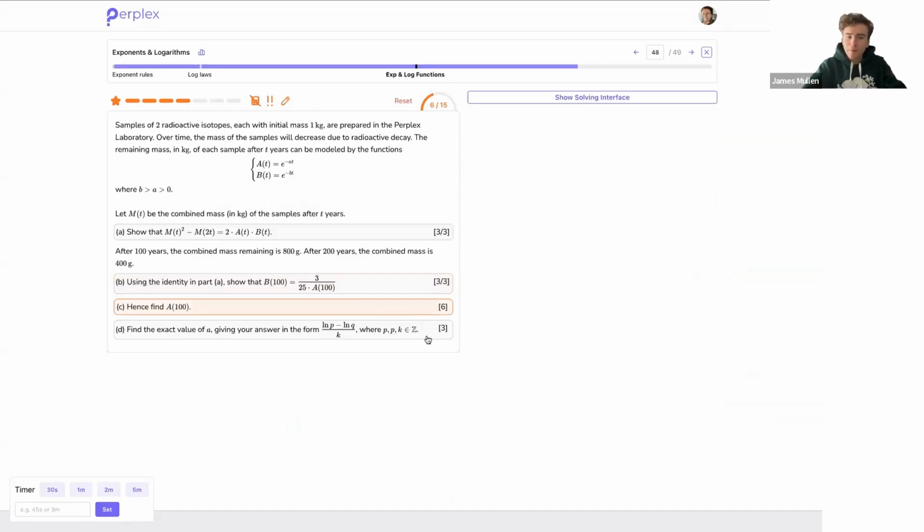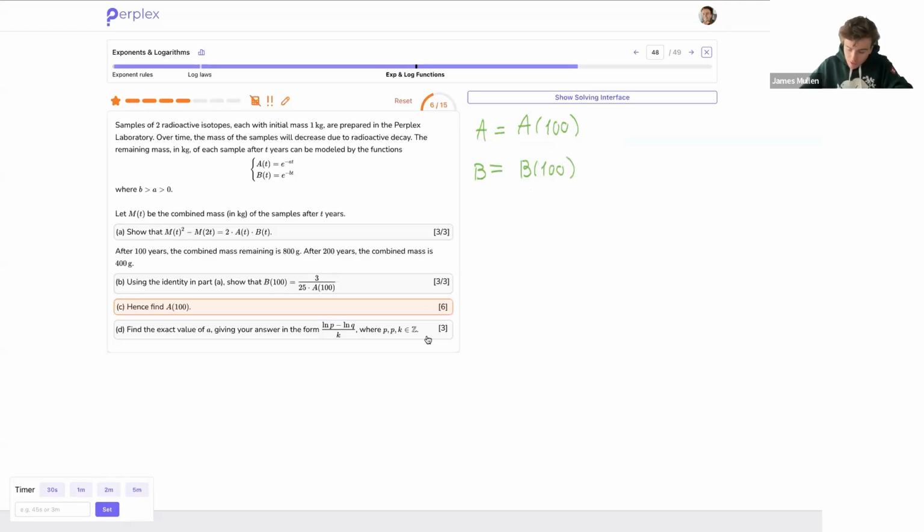Okay, so this is a little bit of a tricky part, but basically we're going to use what we know about the total mass after 100 years and the relationship between the mass of B after 100 years and the mass of A after 100 years. Okay, so I'm going to say A is just going to stand in for A of 100. So I don't have to write 100 every time. And similarly for B, that's going to be B of 100. All right.